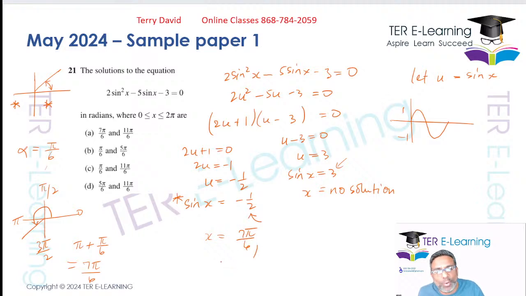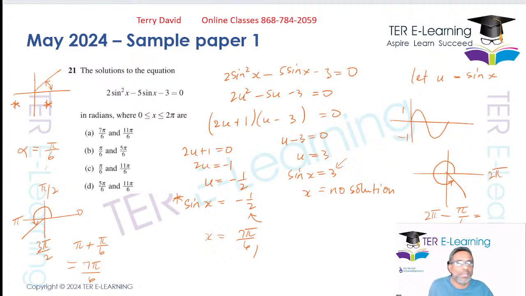And we need to find the fourth quadrant angle now. So the fourth quadrant angle will be this. The angle that we're looking for is this whole angle here, which in this case is going to be 2 pi, that's a full circle, minus pi on 6.